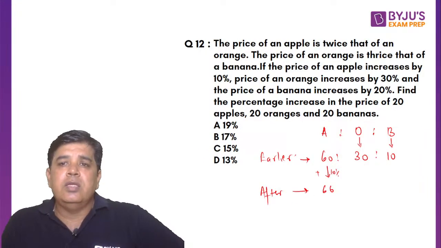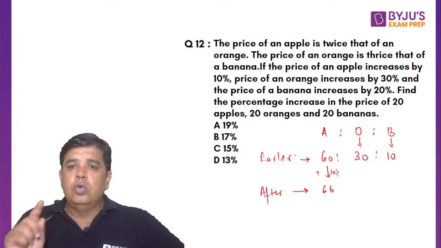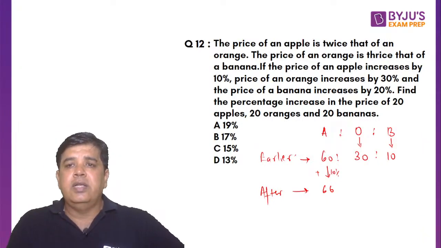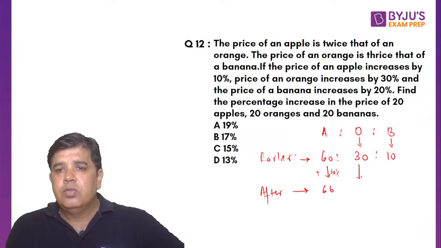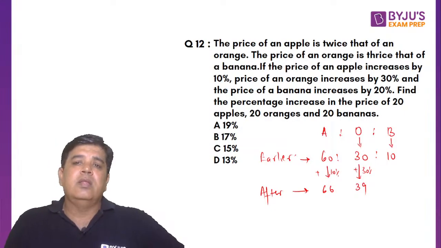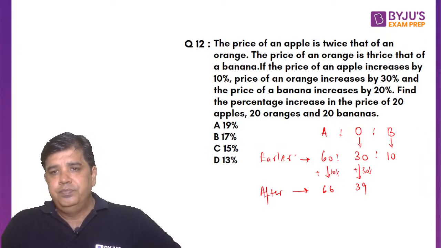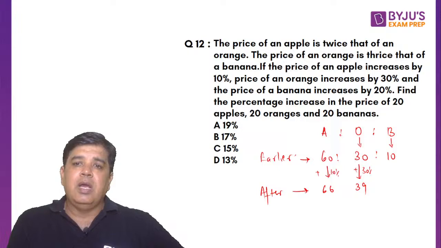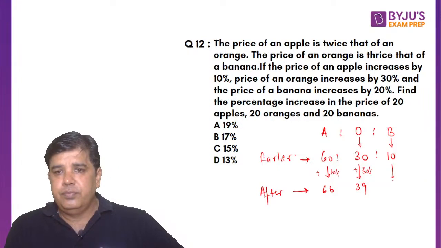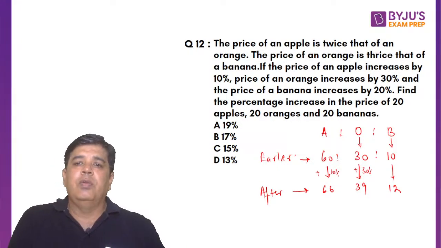Price of the orange increases by 30%. So 10% is 3, 30% is 9. So 9 is increased. It will be 39. And the price of banana increases by 20%. Right, so it will become 12.